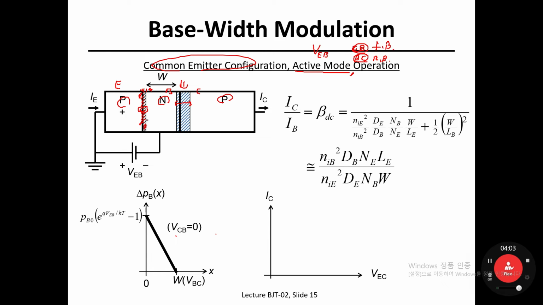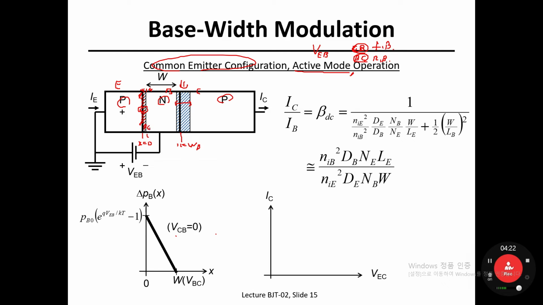Then previously we talked about that, from here, the metallurgical junction of the EB emitter base junction is defined as X of 0. And here, the metallurgical junction between base and collector is defined as X of WB.